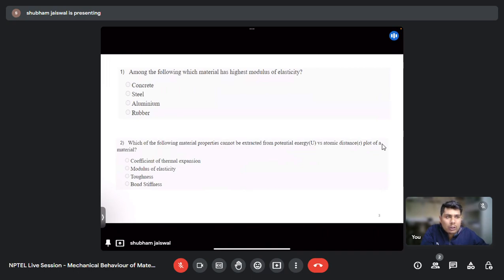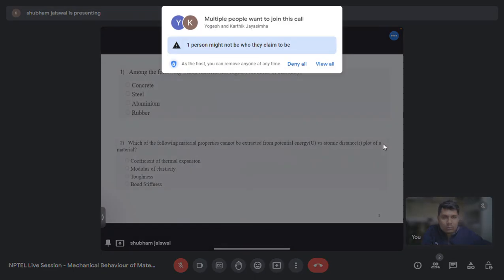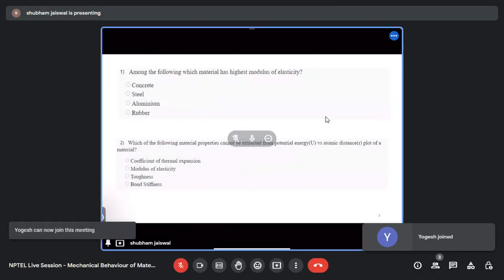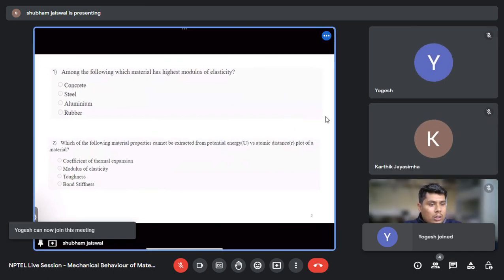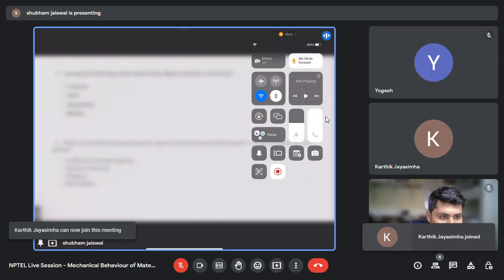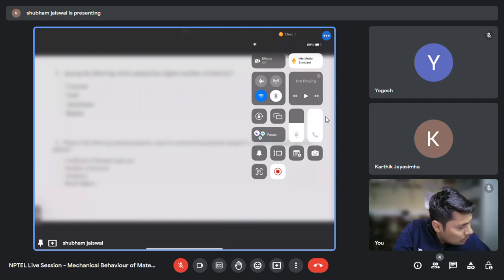To answer this question, we need to draw the potential energy curve versus atomic distance. Yes, you're audible.